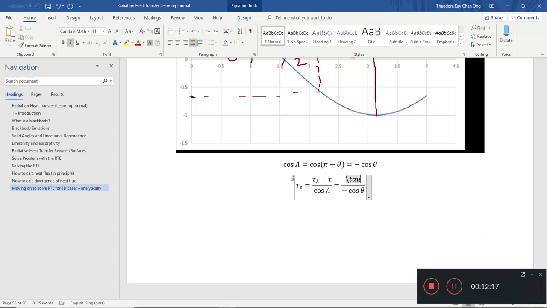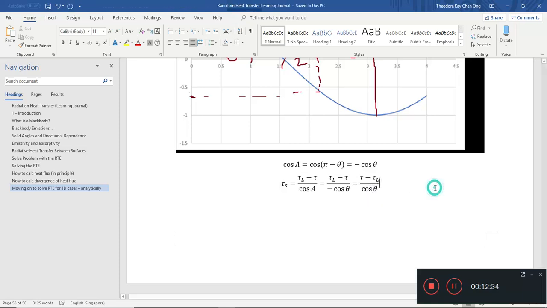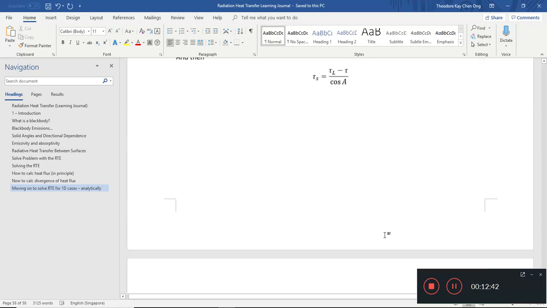We have tau L minus tau on top. If we rewrite the top side, we can write tau minus tau L instead. So the top will be negative and the bottom will be just cosine of theta. This is how we try and make the formula work for I minus.